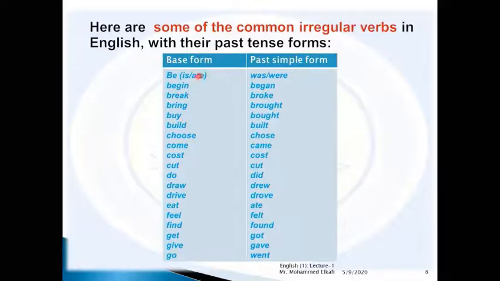Are is the base form, the past of it is were, without adding ed. Begin, begun. Break, broke. Bring, brought, etc. As we see here, we didn't add any ed to this past simple form. So these verbs are known as irregular verbs.